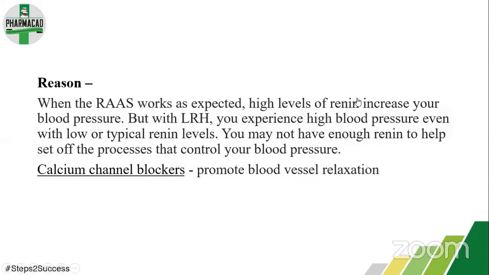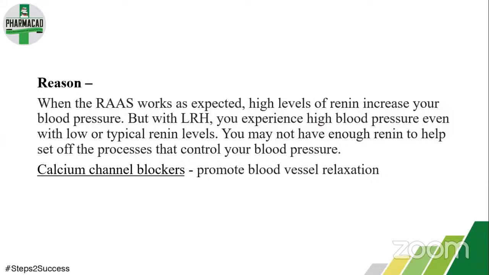But if you see the calcium channel blockers, they promote blood vessel relaxation. And as we know, blood vessel relaxation would also aid in relieving your hypertension to normal levels of blood pressure.